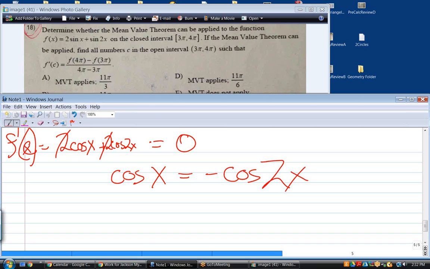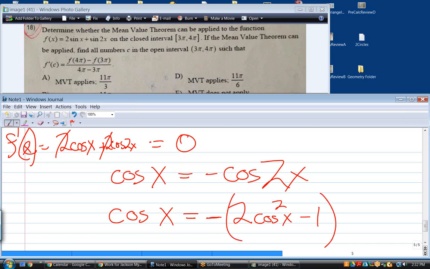Cosine of 2x, there's an identity for that. What is it? Which one? There's 3 of them, actually. I want to use the one that has nothing but cosines in it, which is this one. It's minus, but it's 2 cosine squared x minus 1.